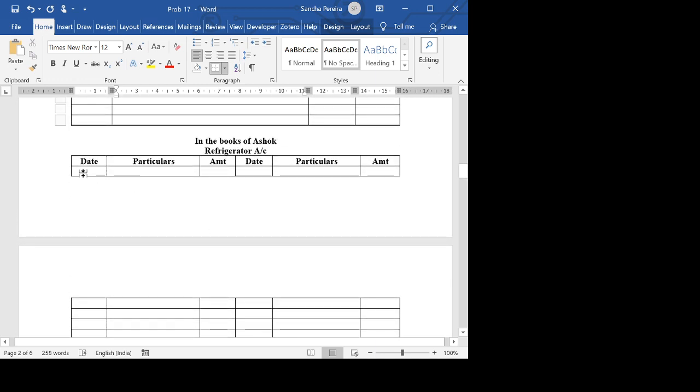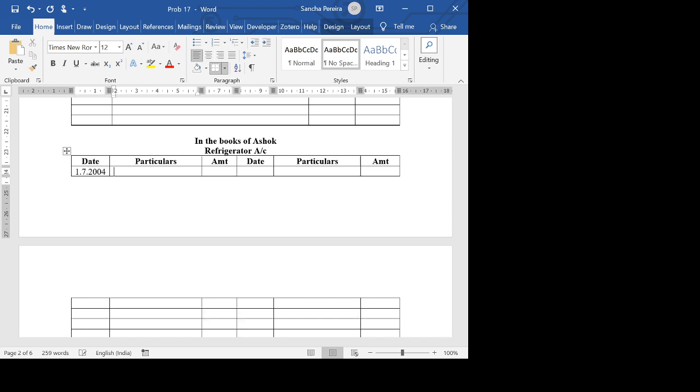So here we have on 1st July 2004, to Refrigeration Limited. Be careful what amount you take.